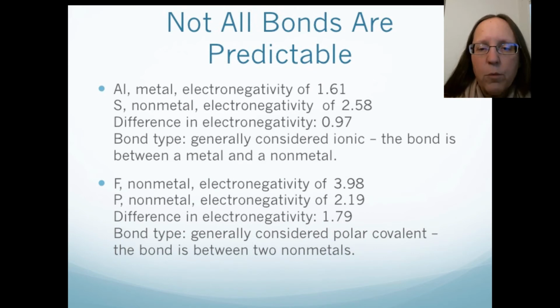It is also formed from a metal and a nonmetal. Likewise, several compounds with nonmetals and fluorine have electronegativity differences of greater than 1.5, but are considered polar covalent since they are formed between two nonmetals. While we might like things to fall neatly into categories, the world doesn't always work that way.